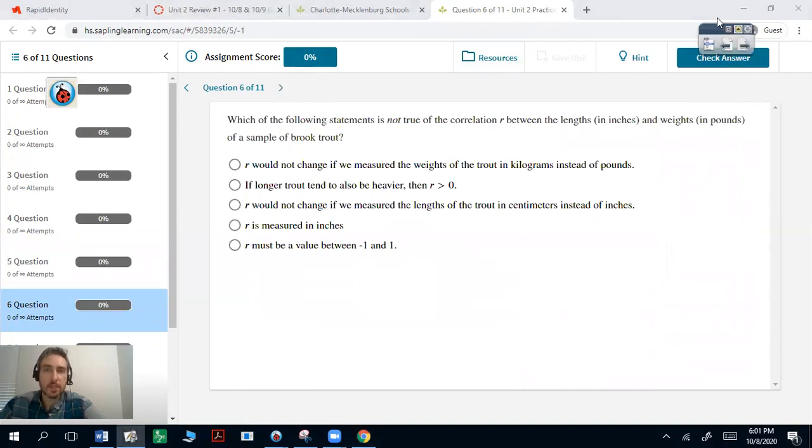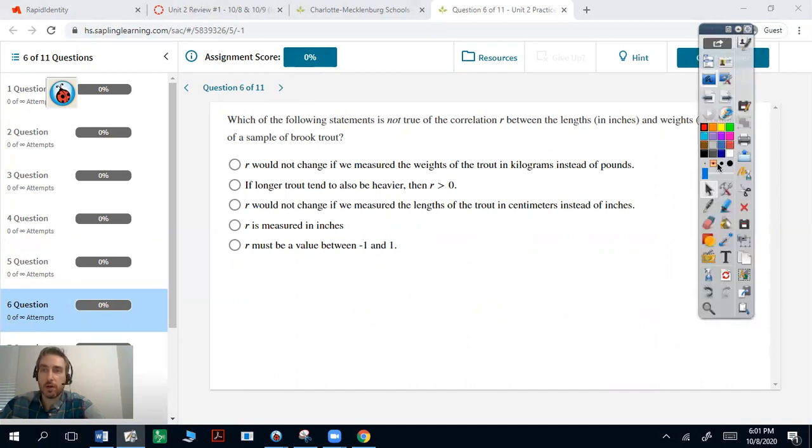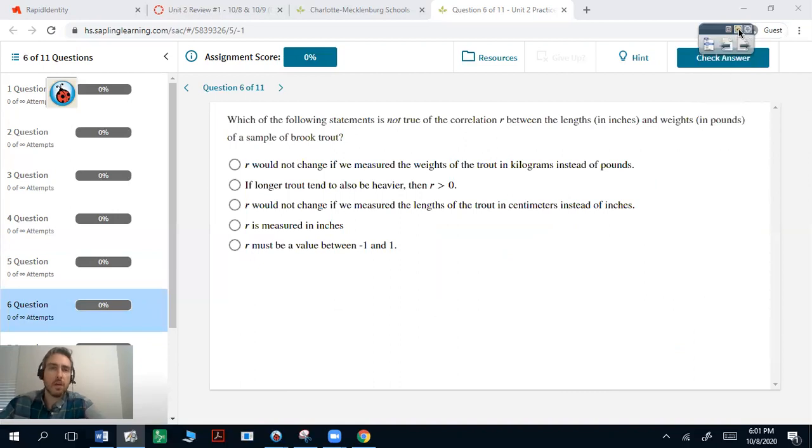Which of the following statements is not true of the correlation R between lengths in inches and weights in pounds of a sample of brook trout? Interesting. I don't have any context here, so let's go ahead and read. R would not change if we measured the weights of the trout in kilograms instead of pounds. Yeah, units don't change R, so that's true. If longer trout tend to be heavier, then the correlation is greater than 0.